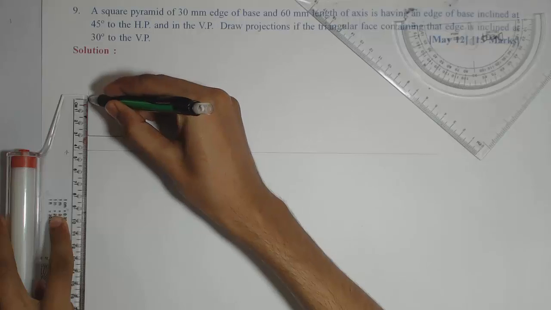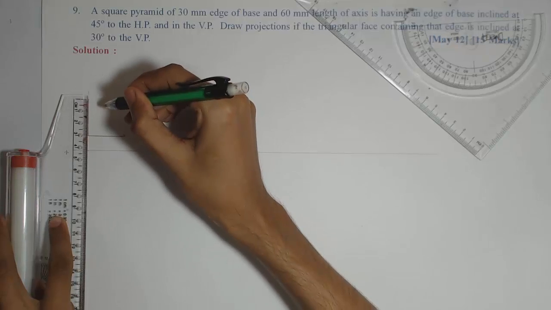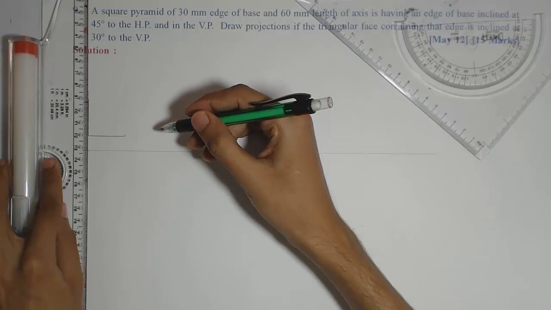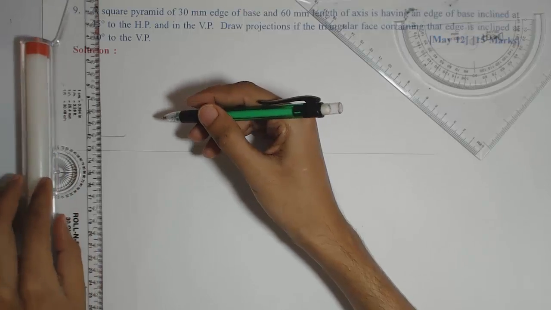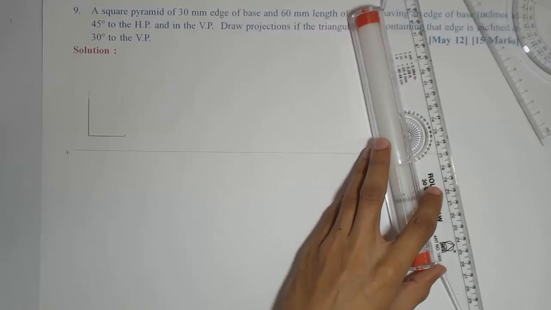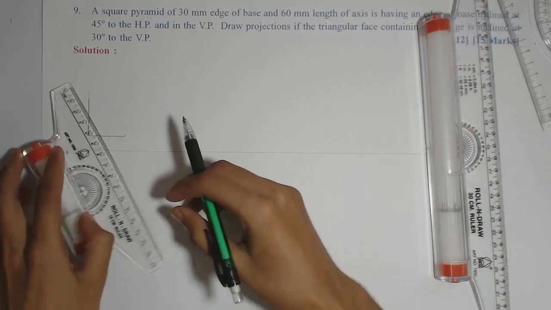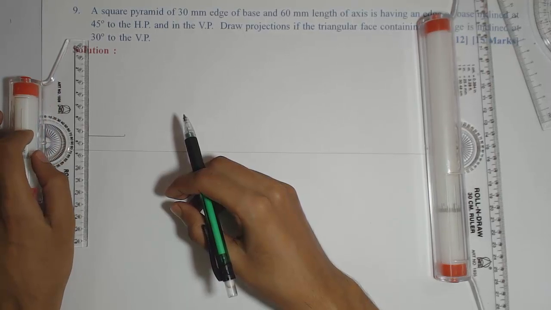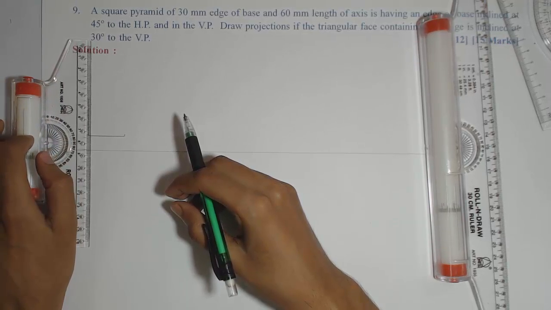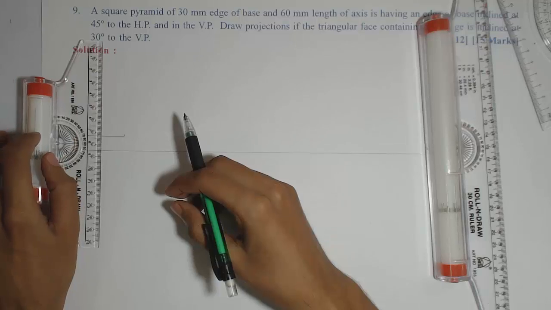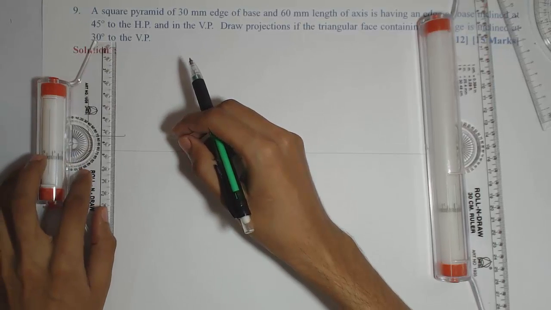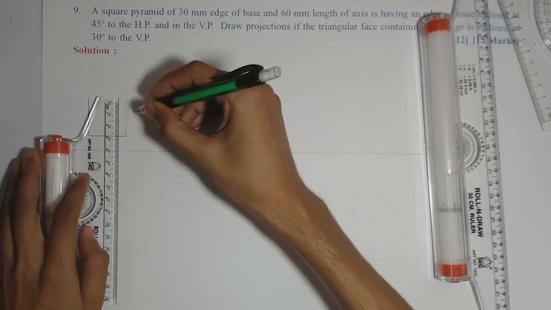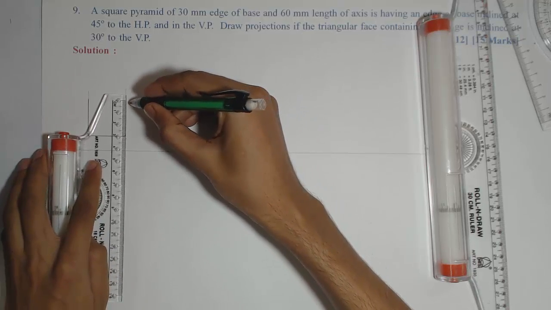Dimensions are too small, so again we will draw a parallel line to get another perpendicular. Okay, now we will mark again 30 mm on this line.